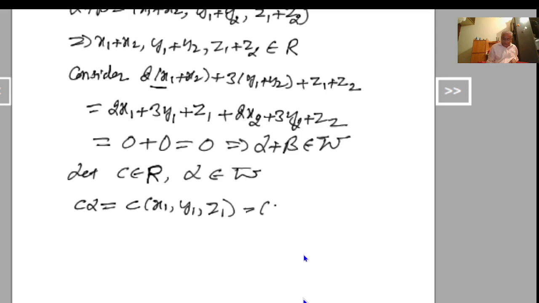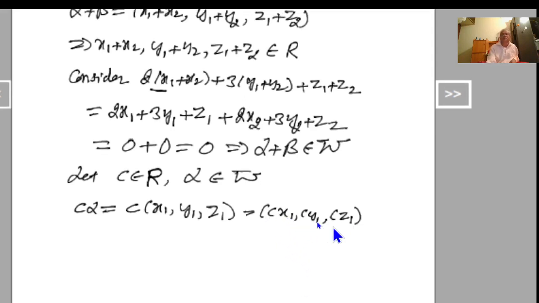This is equal to Cx1, Cy1, Cz1. I have to prove that this belongs to W. To prove that, I have to show that Cx1, Cy1, Cz1 belongs to R, and 2 into Cx1 plus 3 into Cy1 plus Cz1 is equal to 0.